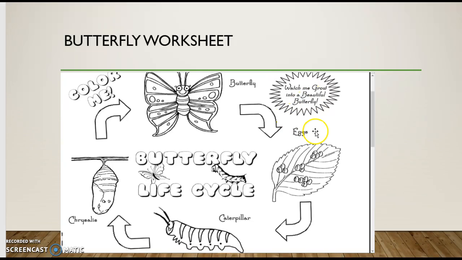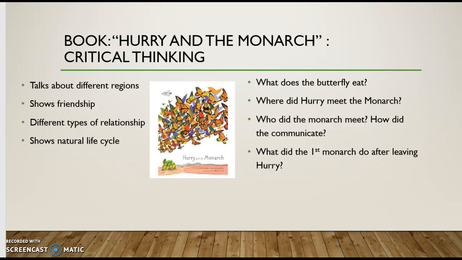It's a process of the eggs being laid on the leaf, the caterpillar coming out of the eggs, going into the chrysalis, going into the butterfly, and how the whole process goes all over again because it takes another butterfly to lay more eggs, so then the process is going to continue. So they'll see that whole process and summarize that.